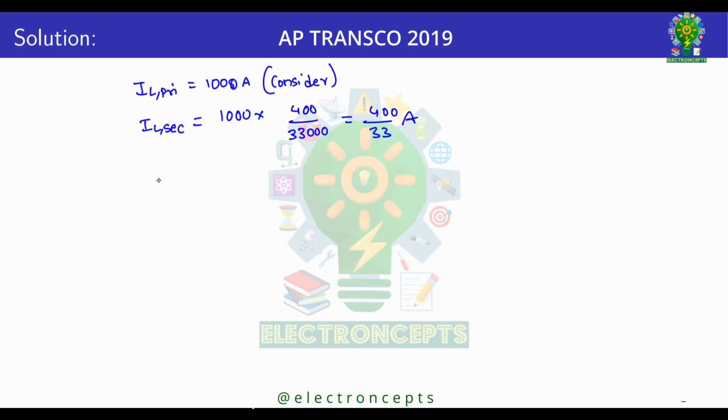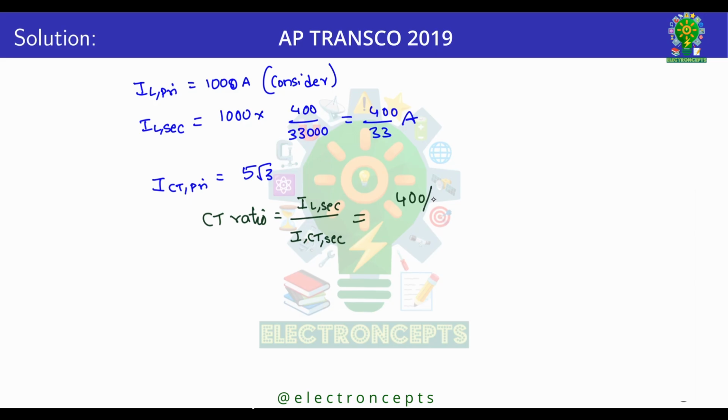Now, the primary current in CT will be ICT primary. Since it is delta connected, the current will be 5 root 3 as the ratio is 1000 to 5 as mentioned in the question. Now, let us calculate the CT ratio, which is equal to secondary side transformer current divided by secondary side CT current, making sure that secondary side CT current is also same as primary side CT current.